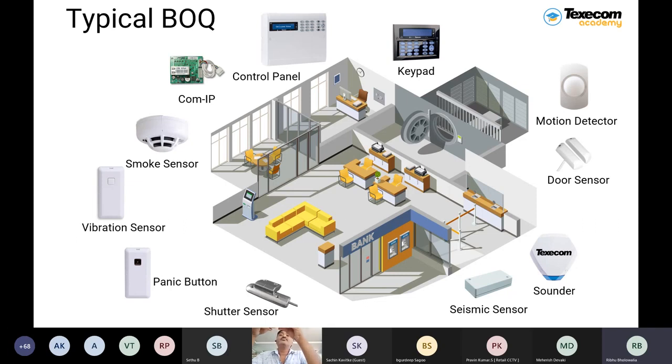Then we have the input sensors. Sensors means if we have entry exit doors, we will give the door contact. If we have rolling shutters, we will give the shutter sensors. For emergency use, we will give the panic buttons.